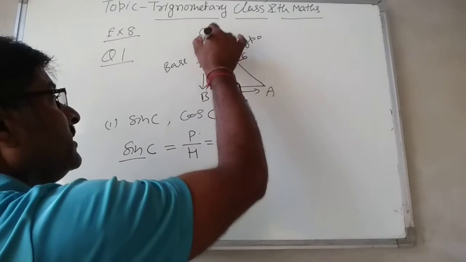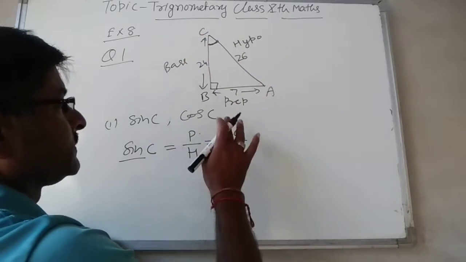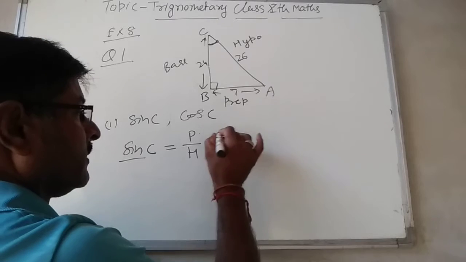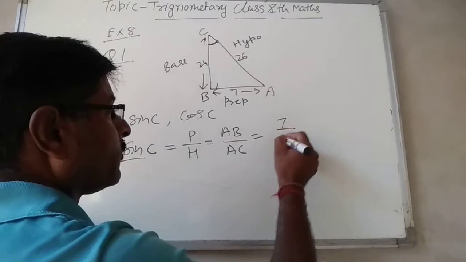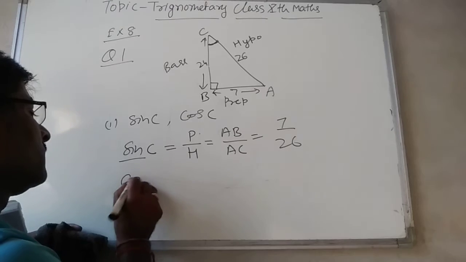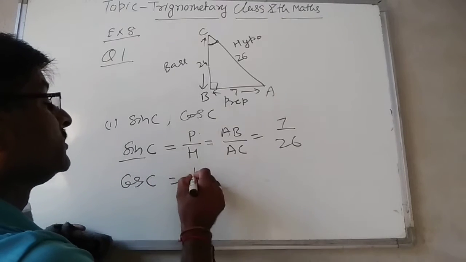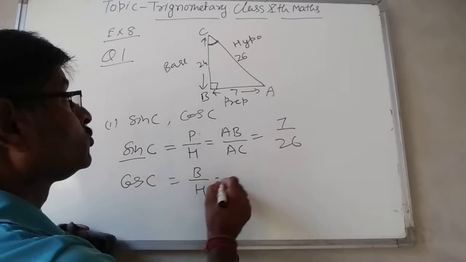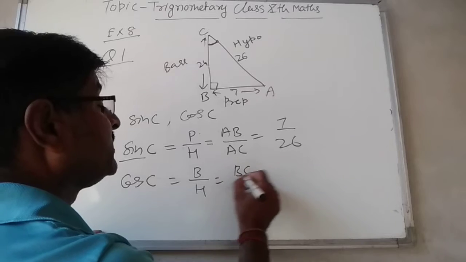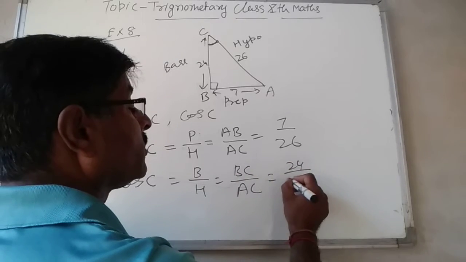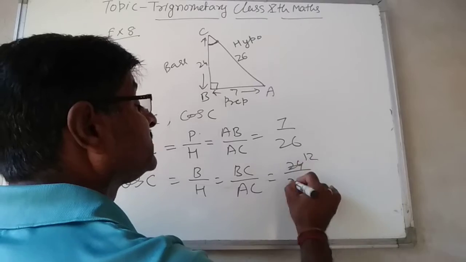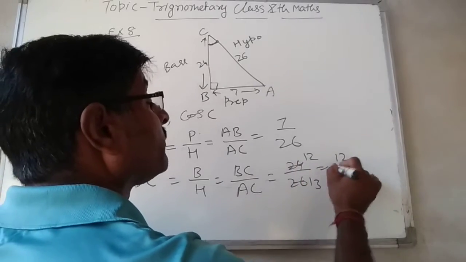In respect of C, BC becomes base. Sorry, AB is the perpendicular, is equal to 7 upon 26. Cos C, this is B upon H. So here B now becomes BC upon AC is hypo. BC is 24 upon 26, can be cancelled, is equal to 12 upon 13.